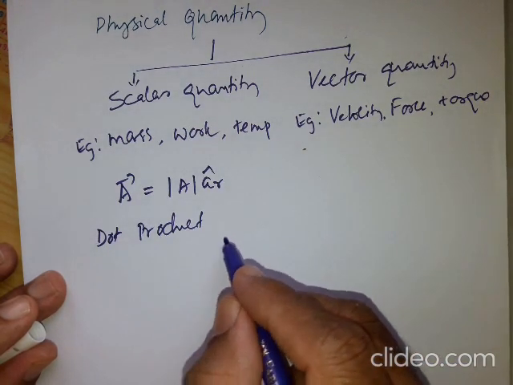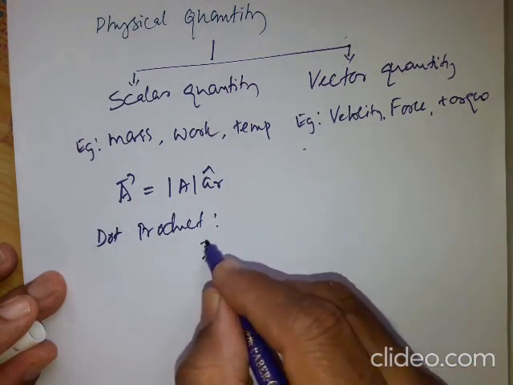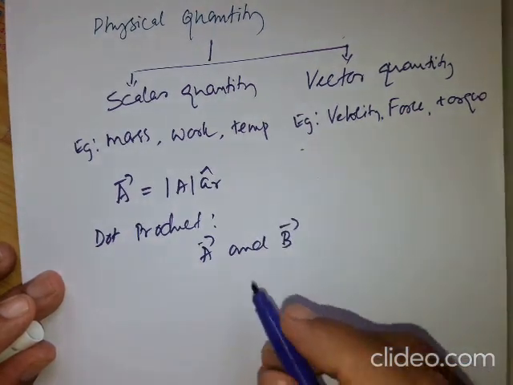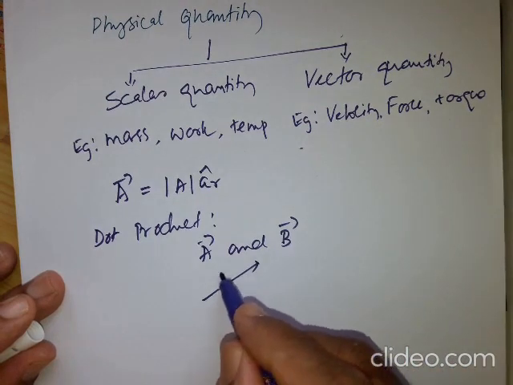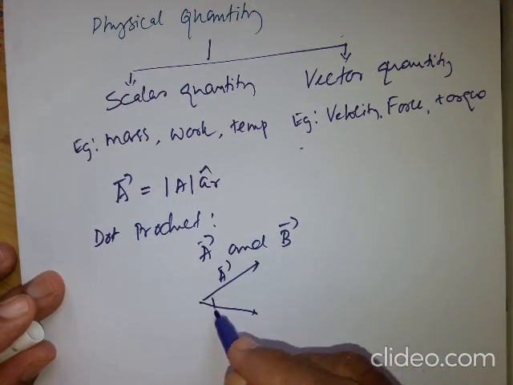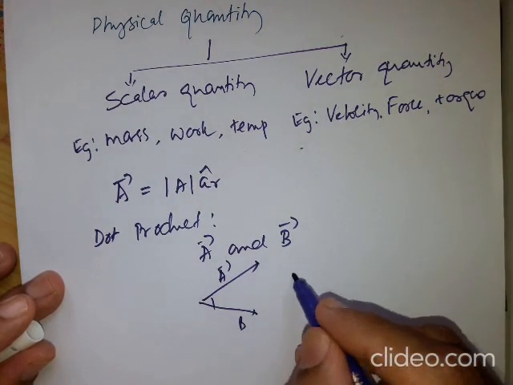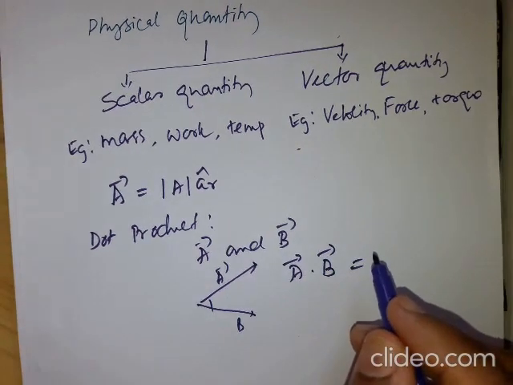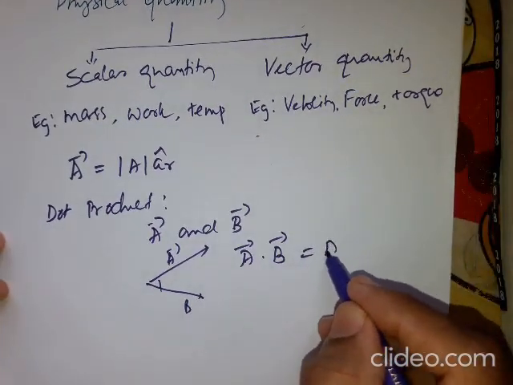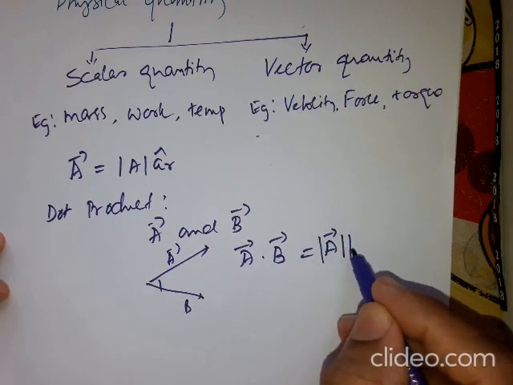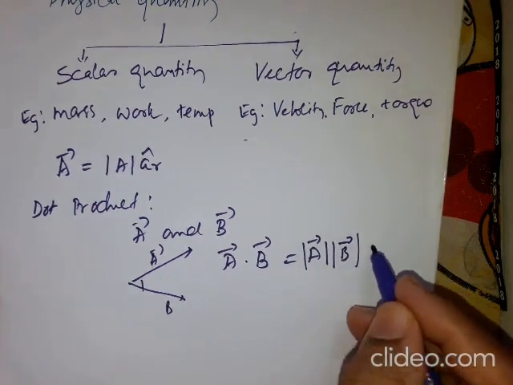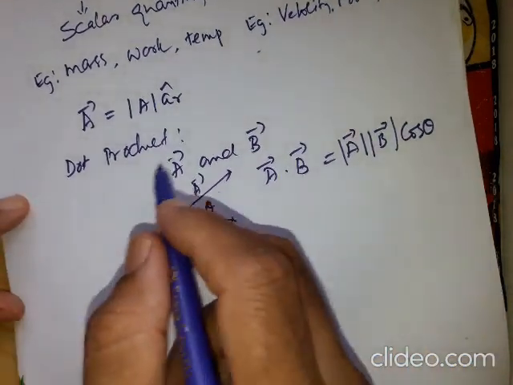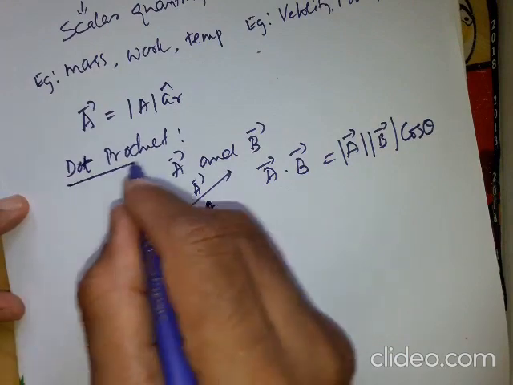When I have a vector A and a vector B, then A dot B is given by modulus of A into modulus of B into cos theta, where theta is the angle between the two vectors. So this is known as the dot product.